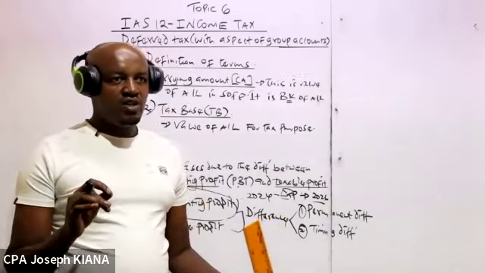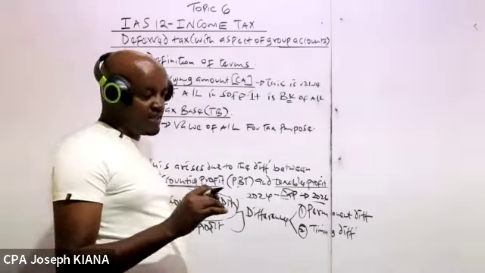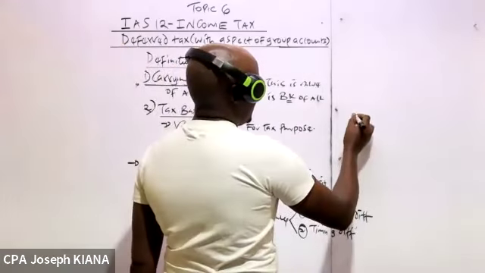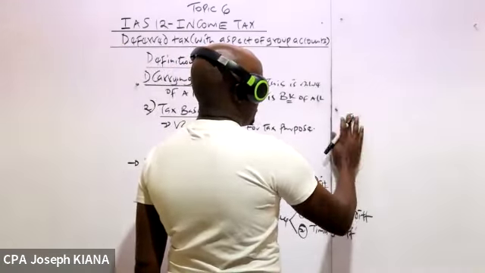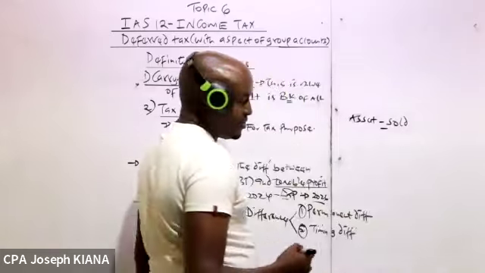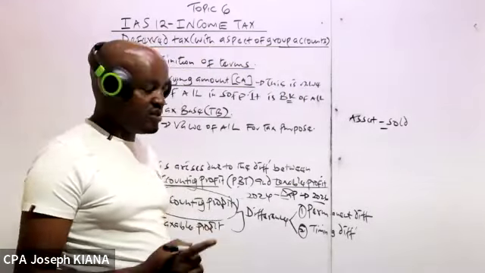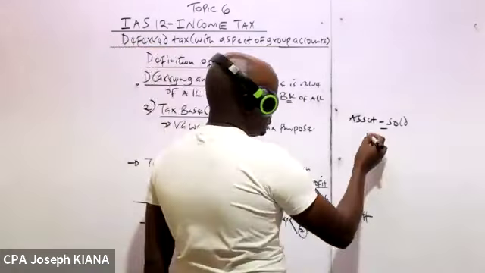A good example: if a company owns an asset, and that asset has been sold, when computing the amount to be taxed, generally we take the sales proceeds.